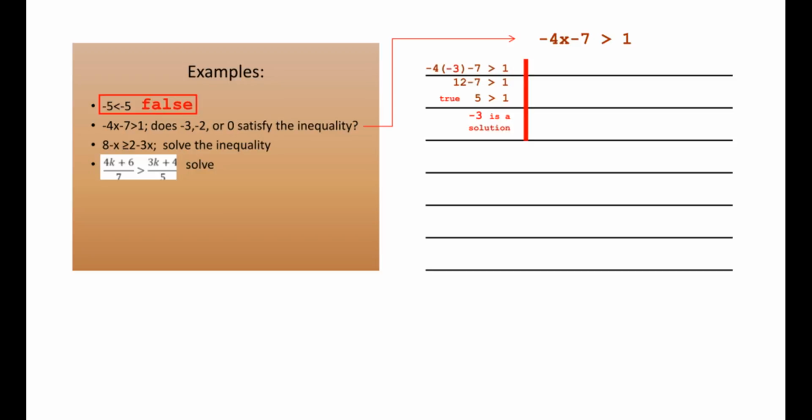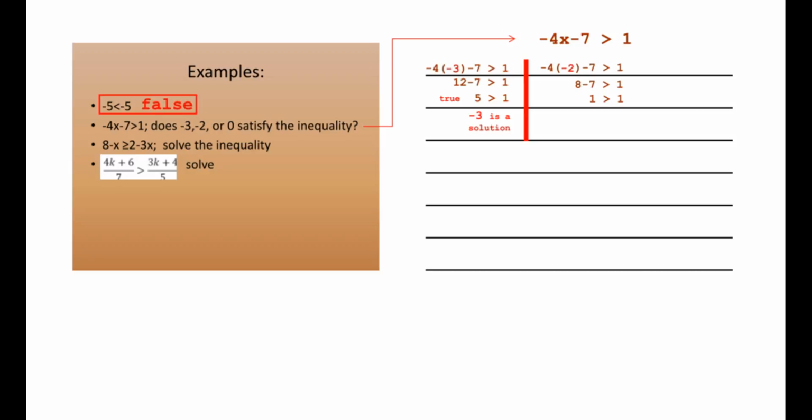Okay, let's try the next case, -2. Same inequality as above, -4 times, in this case, -2 is the value that we picked for x. So substituting for x, 4 times 2 is 8, a negative times a negative is positive, so it'll be positive 8. 8 minus 7 is greater than 1. Well, let's finish simplifying before we state that. 8 minus 7 gives us 1.